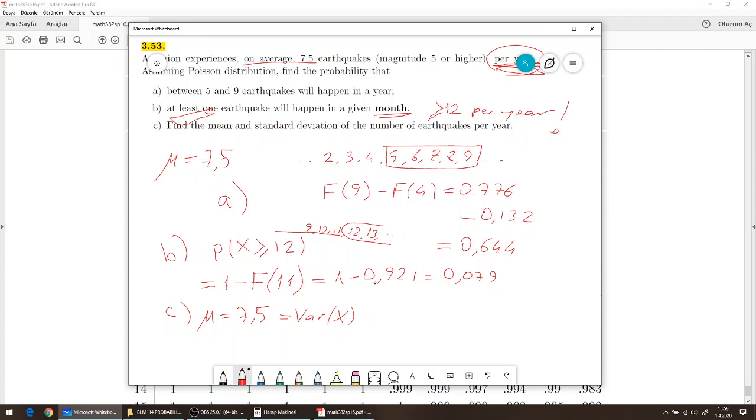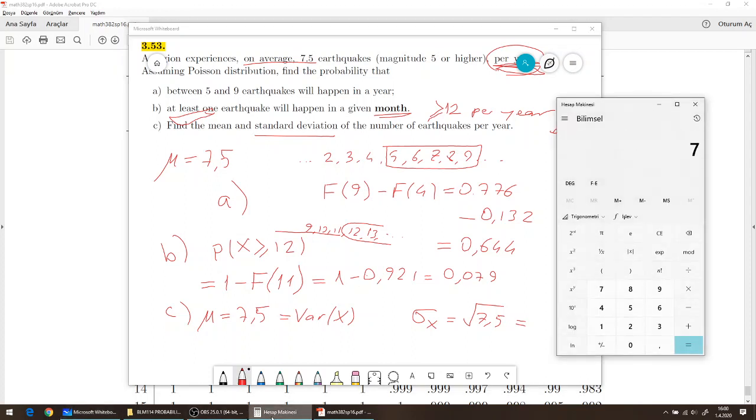In Poisson distribution, mu equals variance. So, what is standard deviation? Standard deviation equals square root of variance. So, what is it? Let's find out. Do we have a square root here? No. Let's take power 0.5.